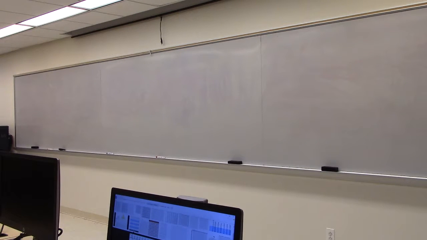Professor, when the negative 2.6 was our critical value, and the T stat was negative 1.6, is negative 1.6 greater than or less than negative 2.6? It is greater than. Okay.